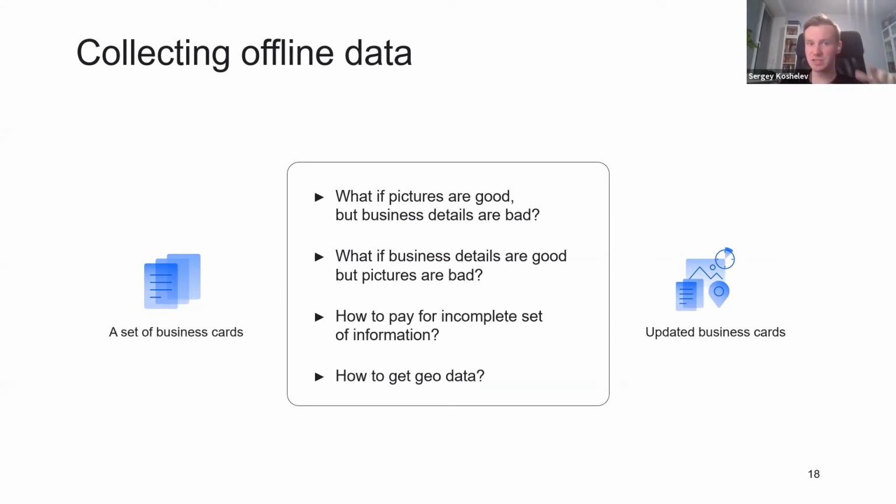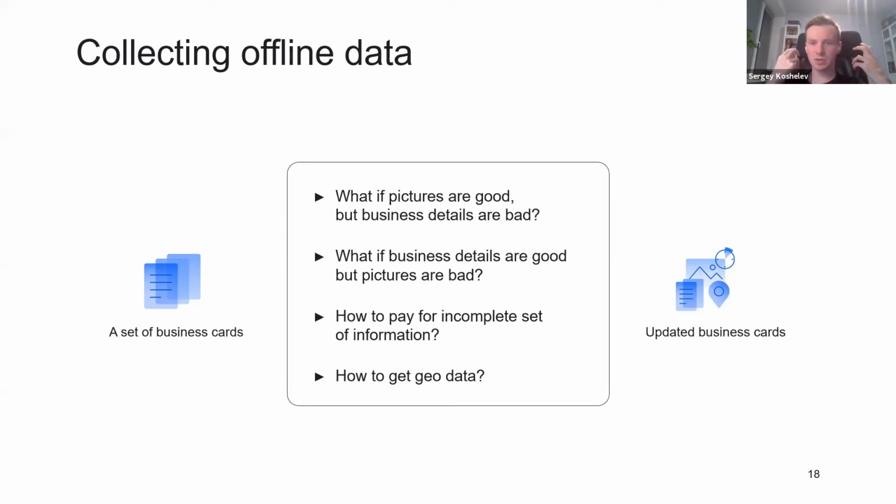You have some details about your organization, like business hours and so on. And you want a person to update your catalog by physically visiting this location, taking a picture, and making notes about the details. But you can see that this is a quite complex task because it involves several steps.